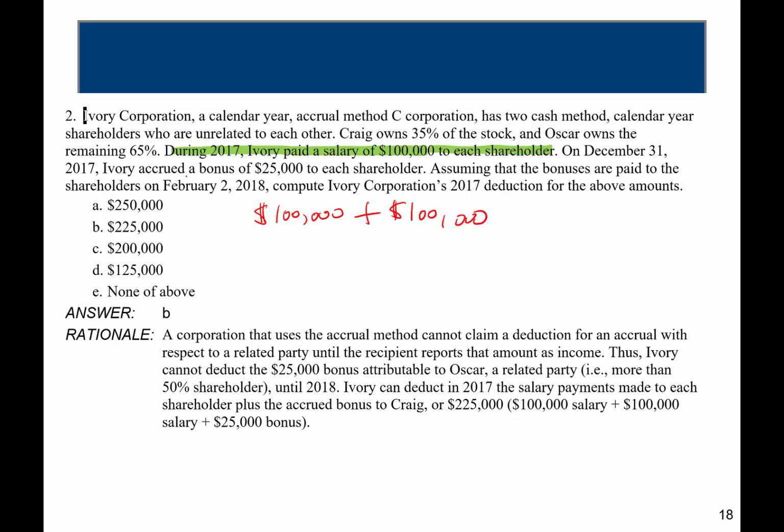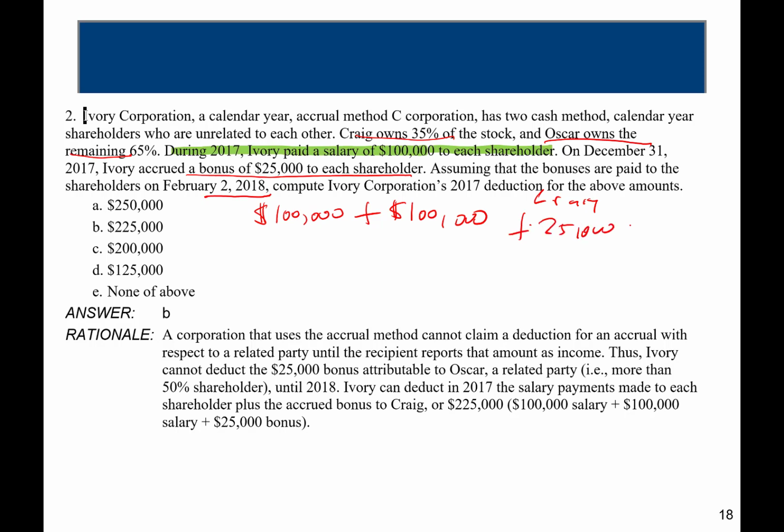And then they accrued the bonuses. They debited some sort of compensation expense, credited bonuses payable, right? Assuming the bonuses are paid in 2018, well, what happens? Oscar is the related one, right? Craig is not. So we can pick up Craig's bonus, C-R-A-I-G, yes, of $25,000.